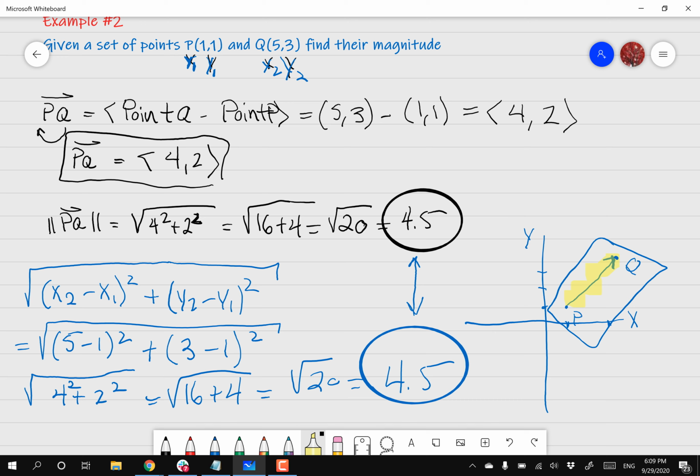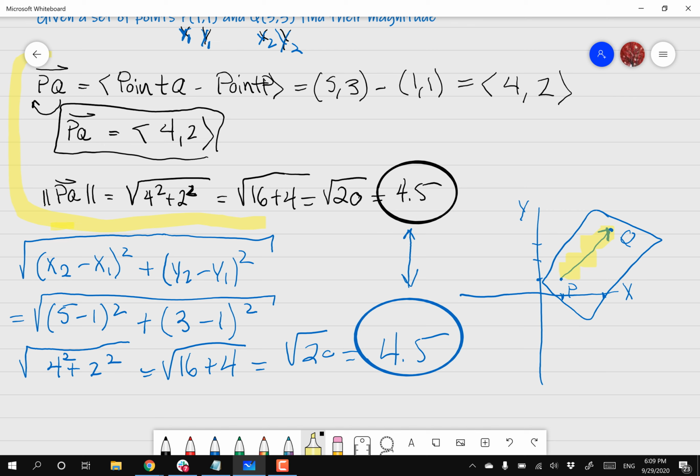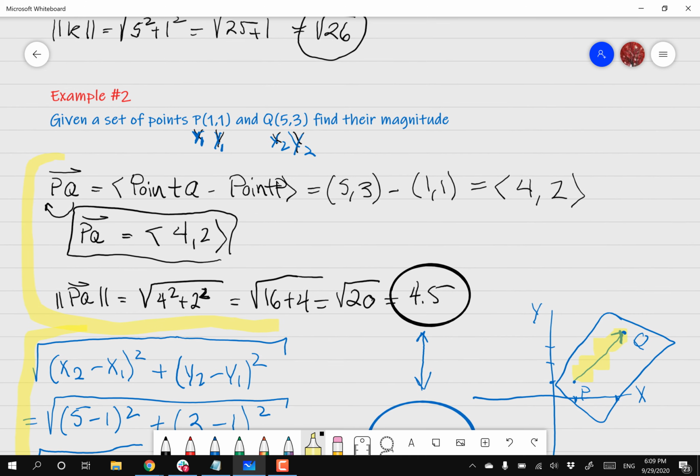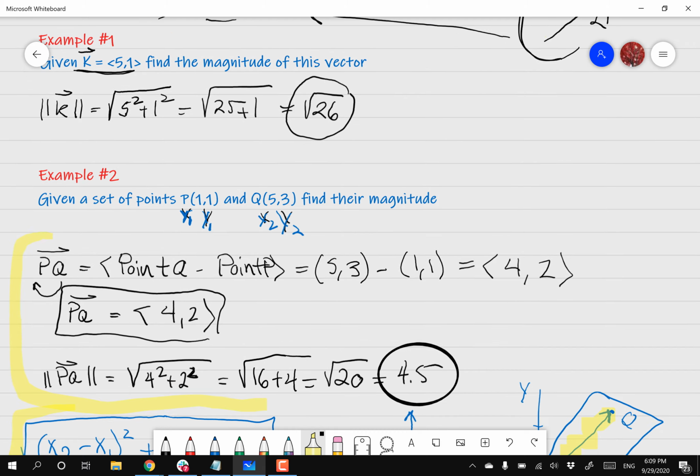So we could either make a vector out of that, which we did, as the first method of solving it, or we could just use the distance formula, and we're going to get the same answer. Hopefully that's making some sense, and that just about wraps up the topic here.